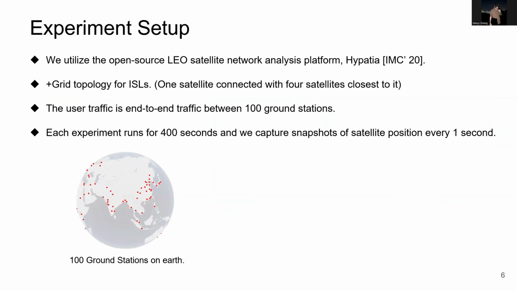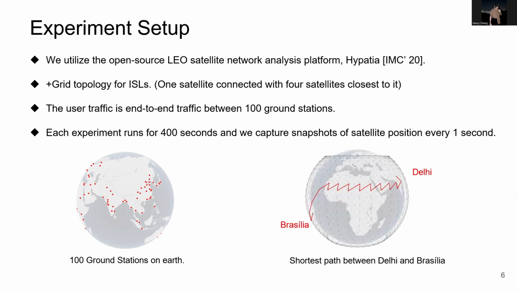Each simulation simulates 400 seconds of movement of the constellation, and every second we compute the shortest path for all ground station pairs. Here is an example plot showing, in one time step, the shortest path between two ground stations through ISLs. Note that in this simulation, we do not account for any other real-world network factors like throughput.